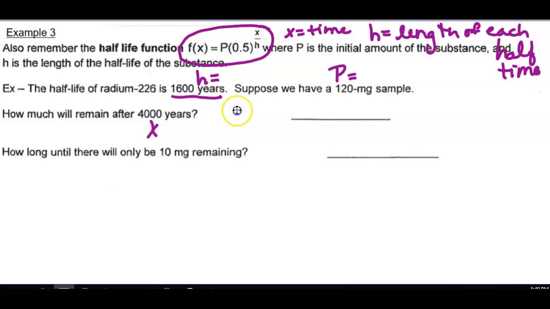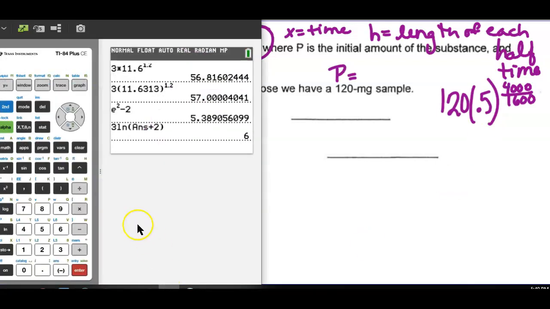So this one, we would just write 120, and then it's 1/2 or 0.5 to the power of the time, which is 4,000, divided by the half-life, which is 1600. So I should do that one here so you're sure you got it.